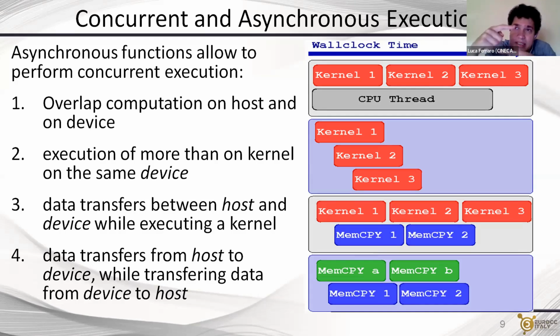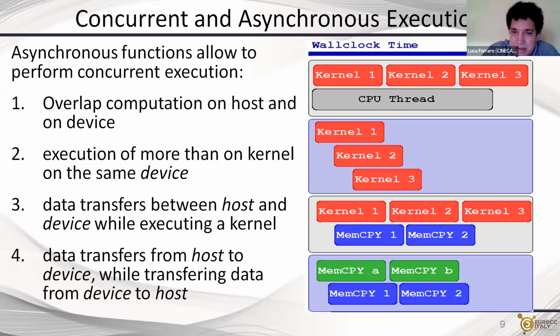This can be done in overlap, so you can use the GPU concurrently with the CPU instead of serialized. Rather than computing kernel 1, kernel 2, kernel 3, and then the CPU thread on the host, you can overlap the computation of some data on the host side while running computation on the GPU side.